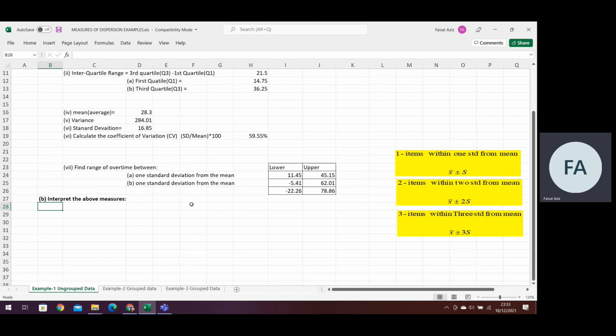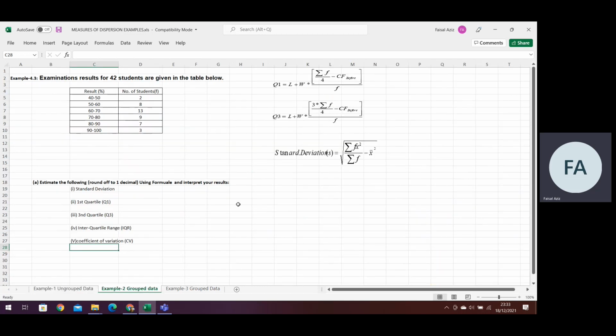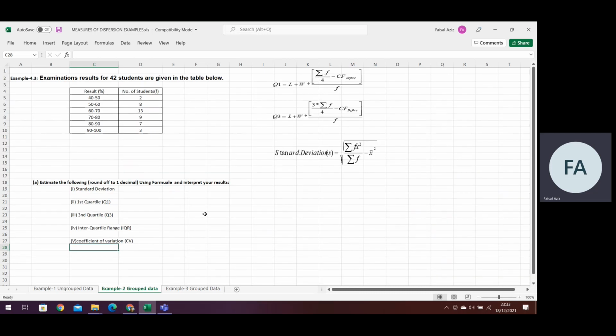The same thing we need to calculate for another set of data called group data. So you can just have a look here. I told you already, when you calculate measures of dispersion for ungrouped data, there are some built-in formulas in Excel, and we can calculate all the measures of dispersions comfortably by using built-in formulas in Excel.